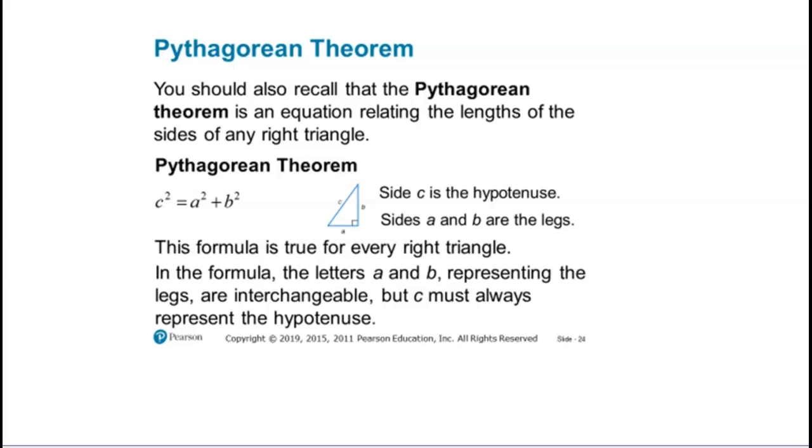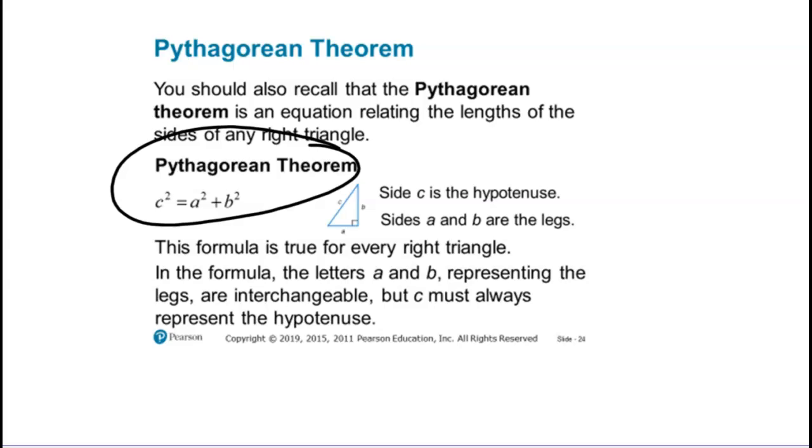So also remember that when we're talking about right triangles, we can use the Pythagorean theorem, which hopefully everyone has written down in their notes for any upcoming test and final exam.